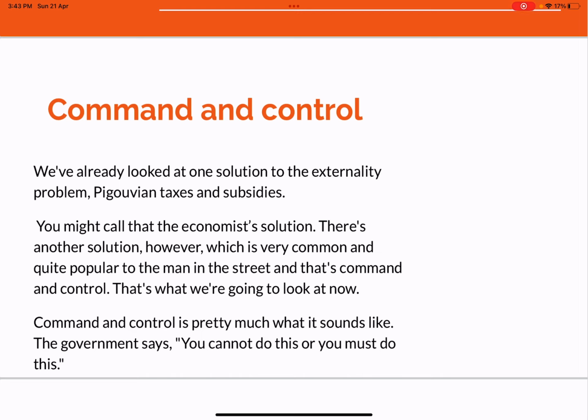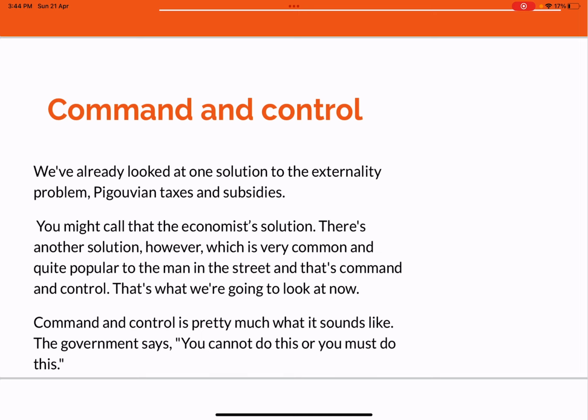When you understand what a command and control approach is, you might wonder why it is called a command and control approach, and why it should be in this course. Because in the command and control approach, we are not using any market principles for solving the problem of, say, air pollution, or even the problem of positive externality. So what is that solution?